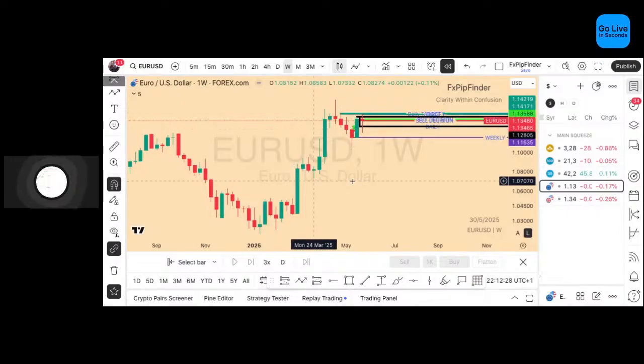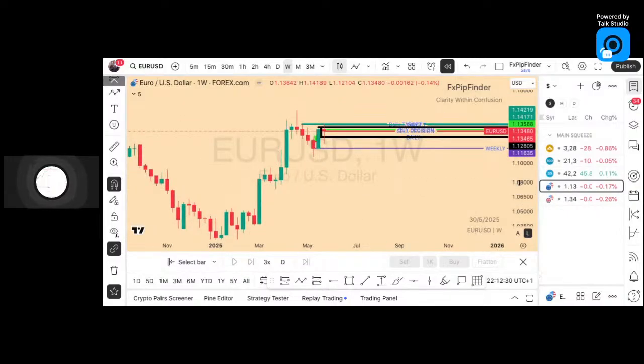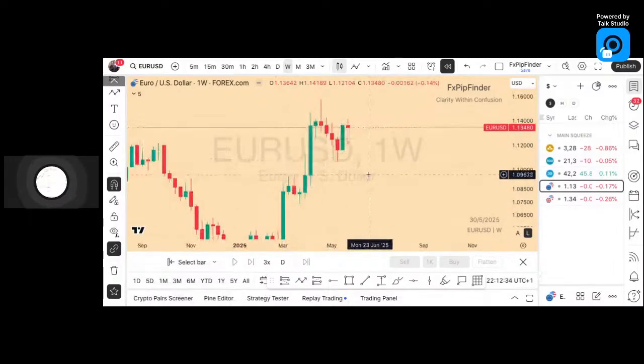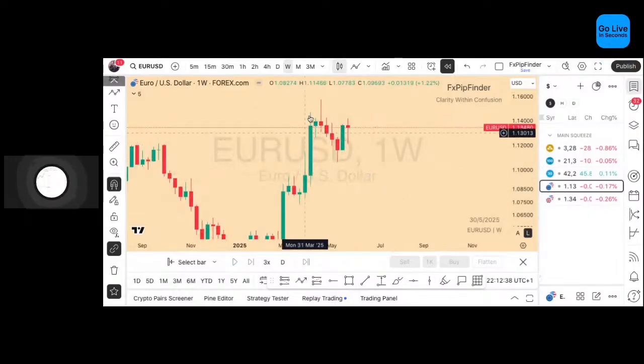All right, the last example I wanted to show you is how you can tell if the market wants to retrace. You can see this market is going up, and you want to know when it's probably going to retrace.